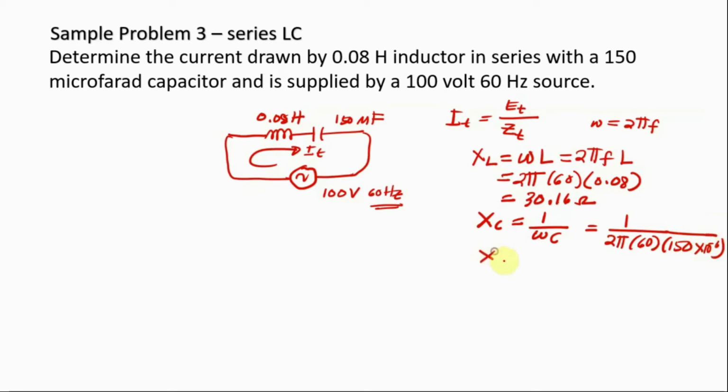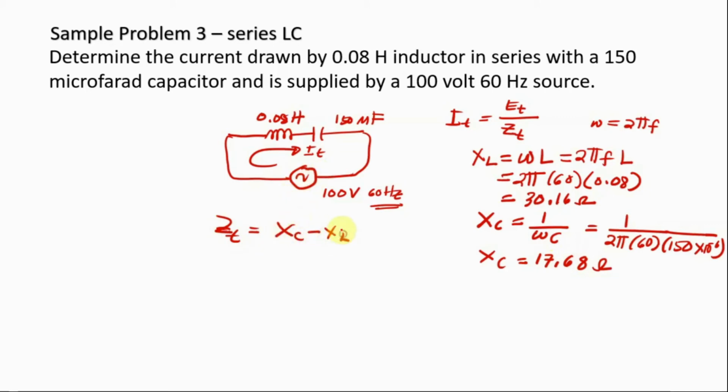Again, press your calculator, and you'll have a value for X of C equivalent to 17.68 ohms.